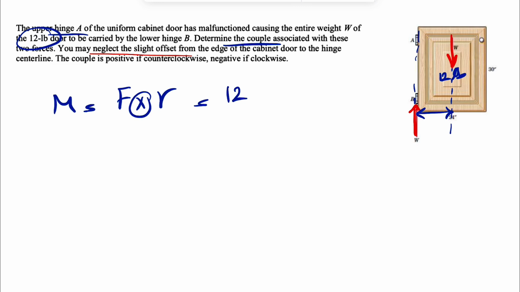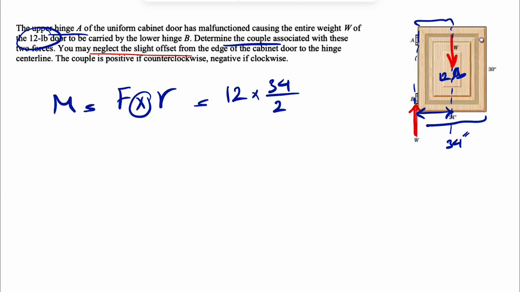If we go with the line of action of each of them, this distance, or where we're in the middle, and we have this length is 34 inches, and obviously the middle, because the weight is going to be exactly at the center because we have a rectangle. So we basically have 34 divided by 2.